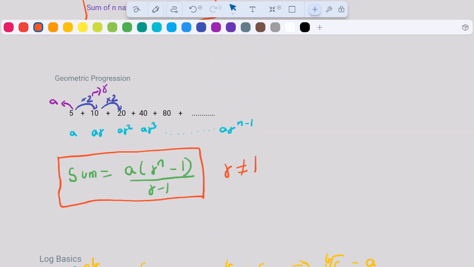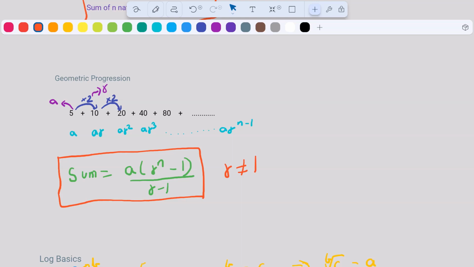A geometric progression is a series which starts from a, then a is multiplied with r, then a with r square, then a with r cube, and this goes on for n terms up to a multiplied by r to the power n minus 1.